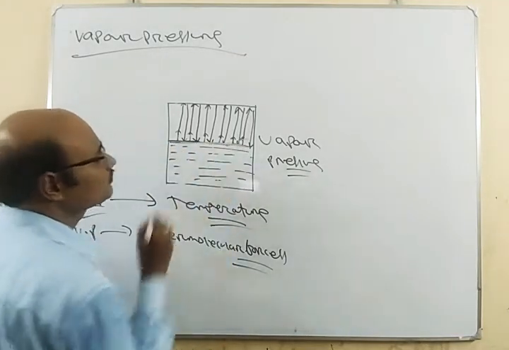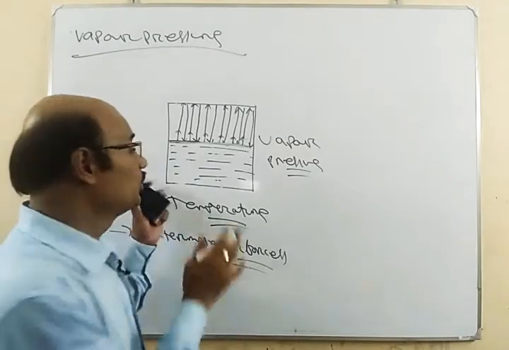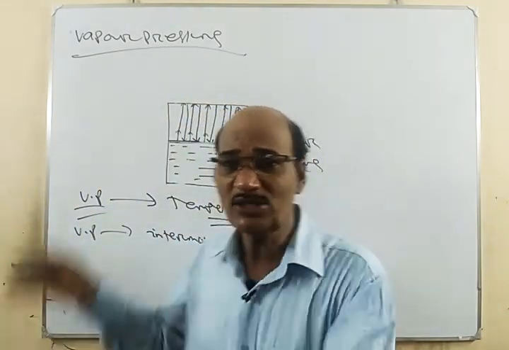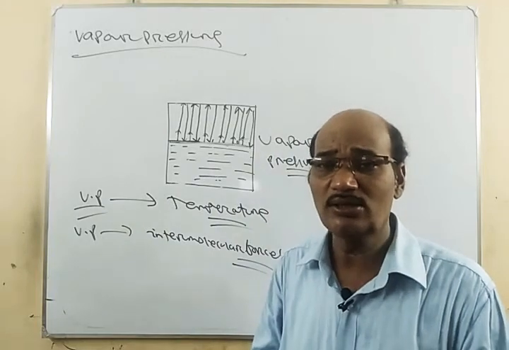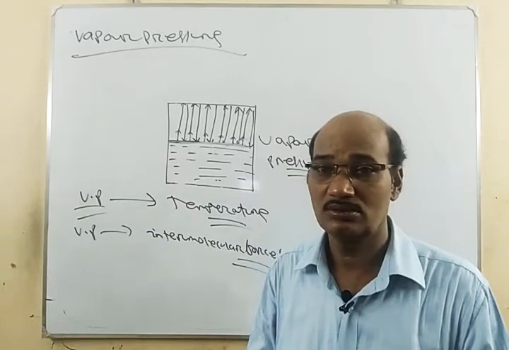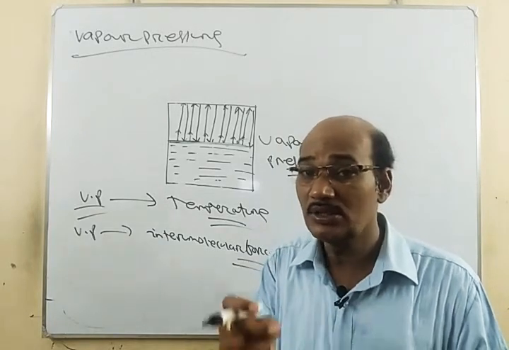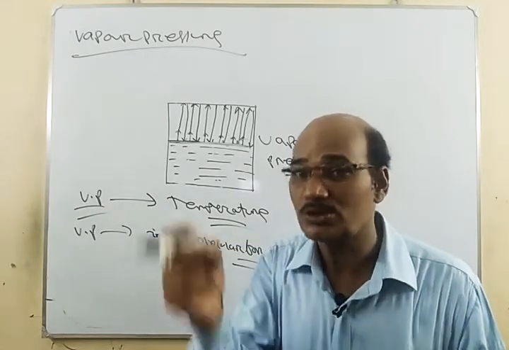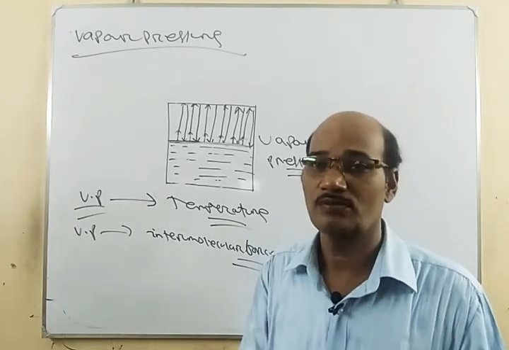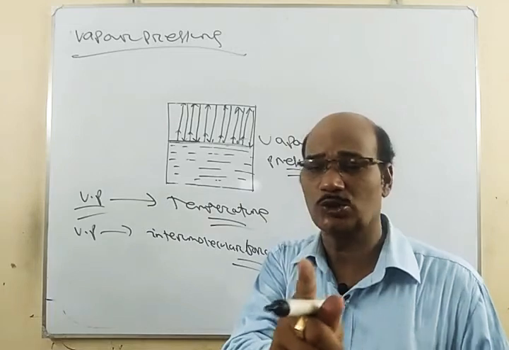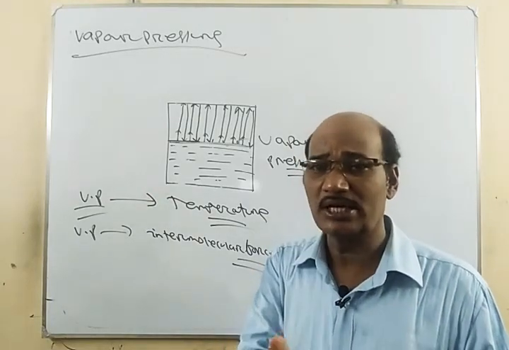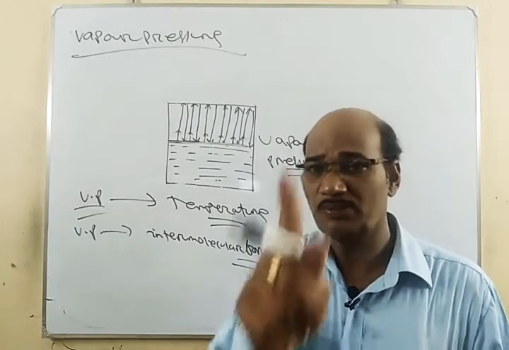Now when we are adding solutes, the solute particles are already occupying some space on the surface, so the number of particles converting into vapors reduces. That's why vapor pressure reduces. So whenever we are making a solution, the vapor pressure of the solution will be less as compared to the pure solvent.